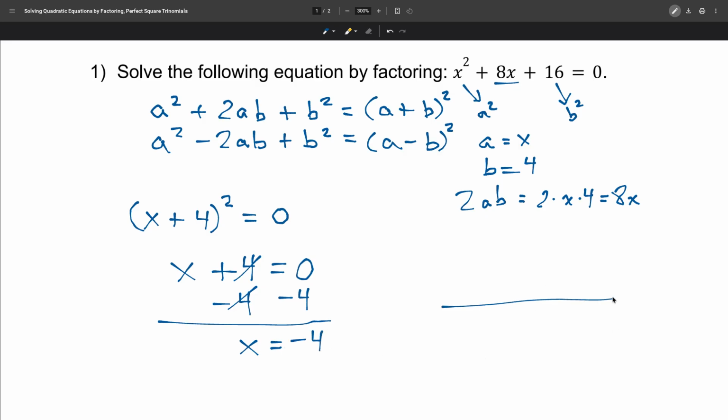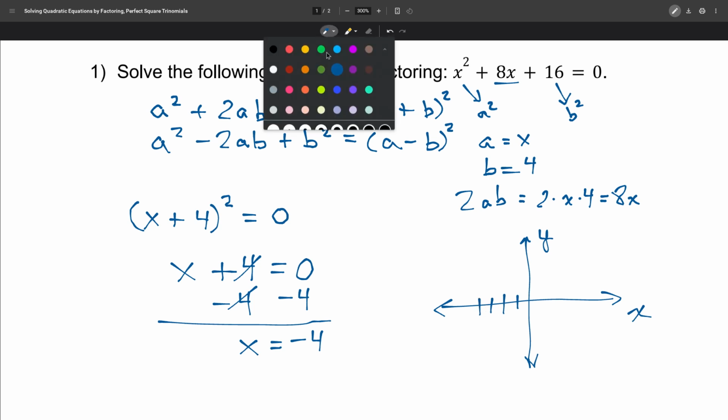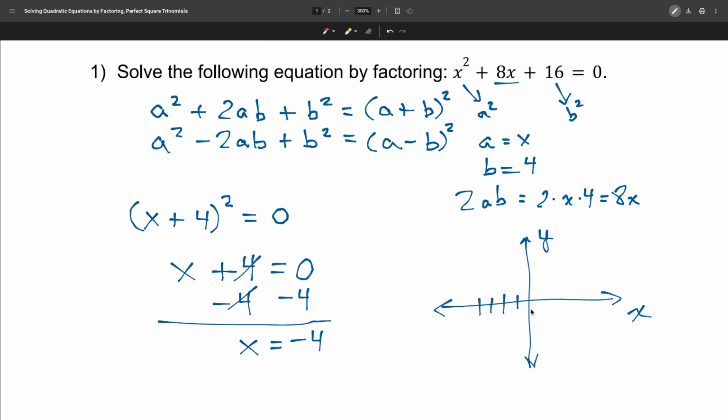So if we want to think about this on my xy axis here, this is a parabola that opens up, and if we go down into the negative, so negative 1, negative 2, negative 3, negative 4, you're going to have a quadratic that only touches at the vertex. So it's only going to touch at negative 4, and it's going to come up, something like this.